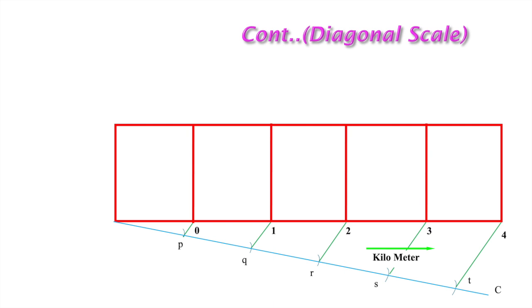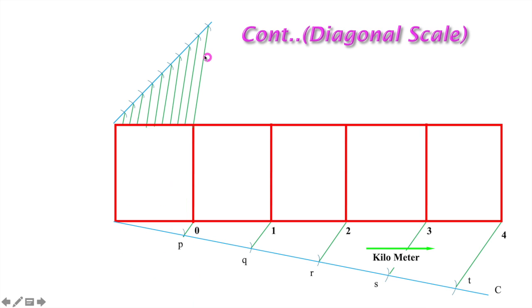Now to have kilometer and then hectometer, meaning 0.1 kilometer, to get a 0.1 kilometer distance, divide this line as we have done in the plain scale. So what's the division method? Draw another line, divide it into 10 equal divisions, join the last points and draw the parallels.